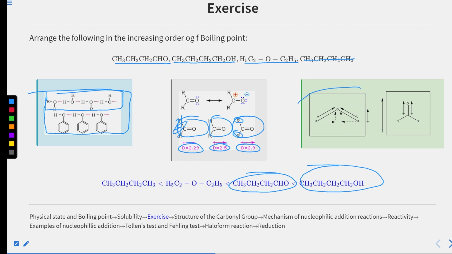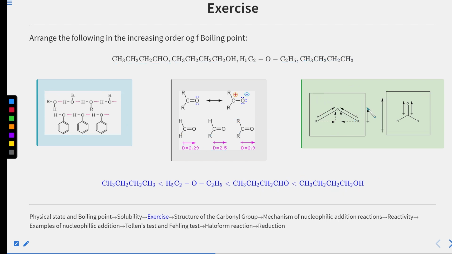Coming to ethers, let us compare the polarity of ether with an aldehyde or ketone. Say we are comparing it with a ketone. Both have a dipole moment, no problem with it, but the dipole moment of this ether is smaller as compared to the dipole moment of your carbonyl compound, that is aldehyde or ketone.